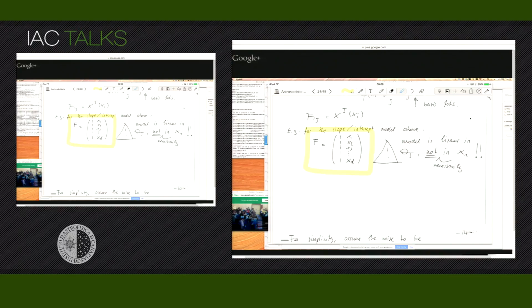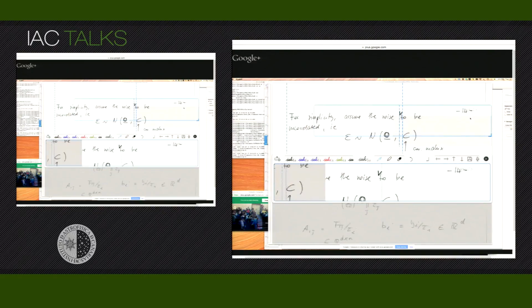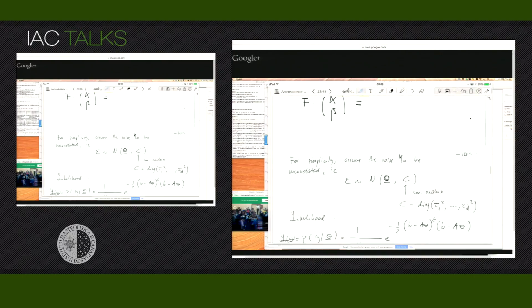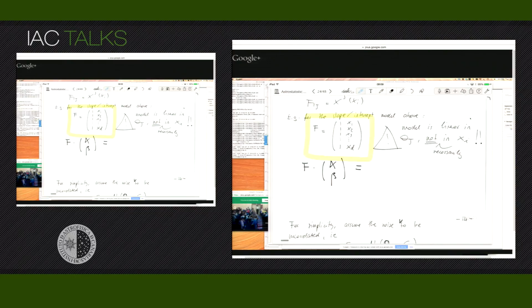If you multiply F of that form by the vector of parameters theta, where theta is alpha and beta, you will get a vector with entries alpha plus beta x1, alpha plus beta x2, and so on until alpha plus beta xd.